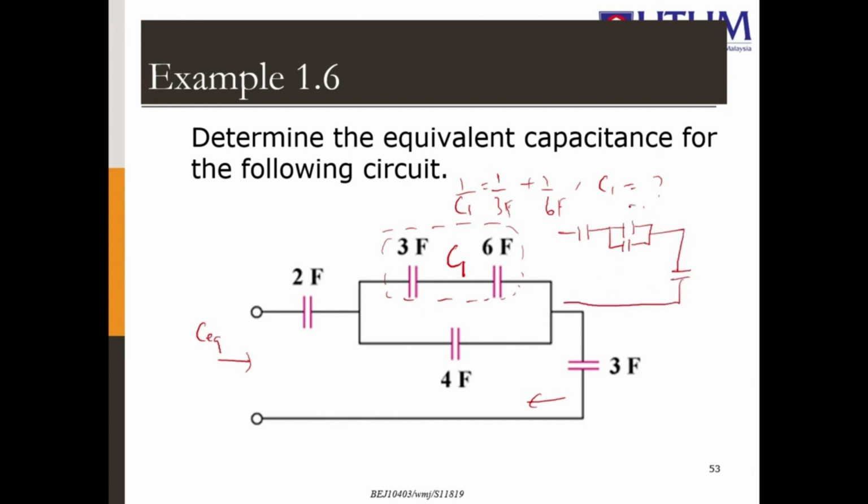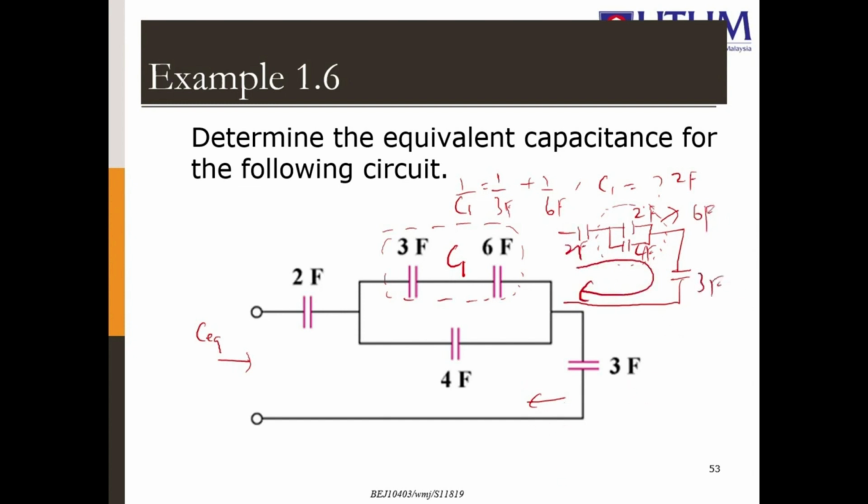Now try to solve this part first. From here your C1 is actually 2 farad. So this is 2 farad, the other one is 4 farad, so in total this gives you 6 farad over here. Now everything is in series.